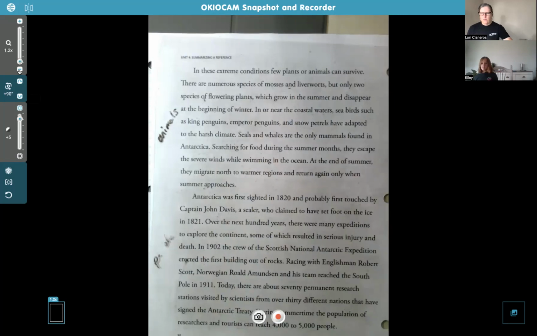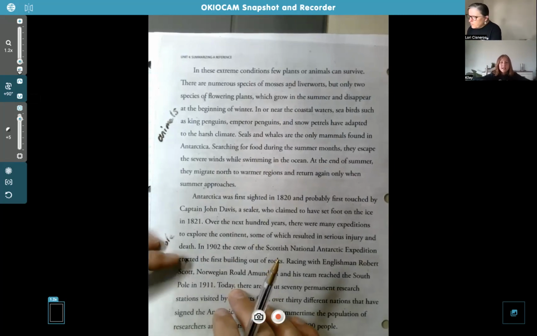Let me look it up really quick. Snow petrel. Oh, they do fly. This is a snow petrel. Cute. Looks almost like a dove, kind of. Yeah, they are pretty cute. So we can list those.